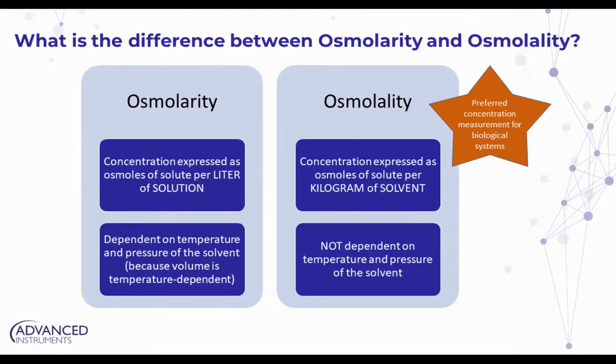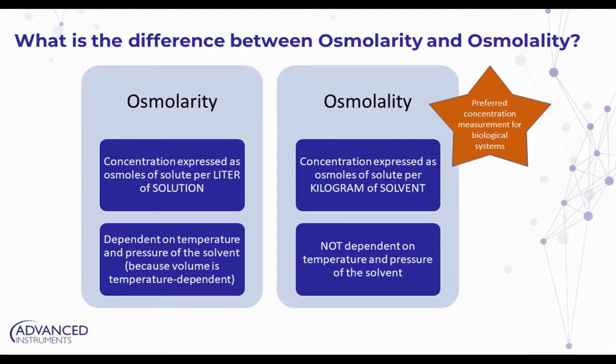So I mentioned that osmolality is a concentration expressed as osmoles of solute per kilogram of solvent. This is different than when we talk about osmolarity, which is actually osmoles of solute per liter of the total solution. And you can see in that second point, while osmolarity is actually dependent on temperature and pressure of the solvent, because volume itself is temperature dependent, osmolality is not something that's dependent on the temperature and the pressure of the solvent that you're looking at.